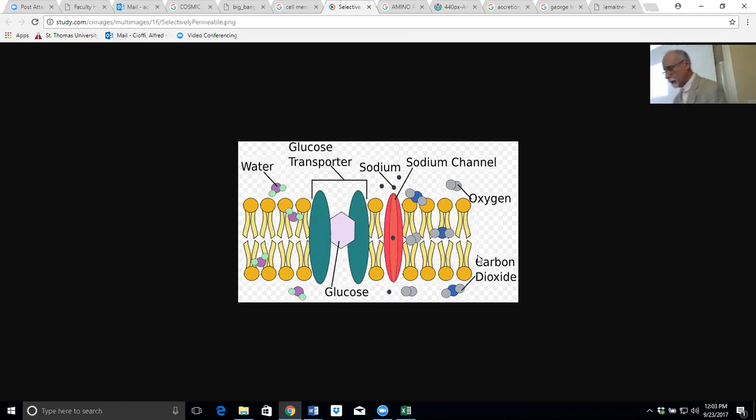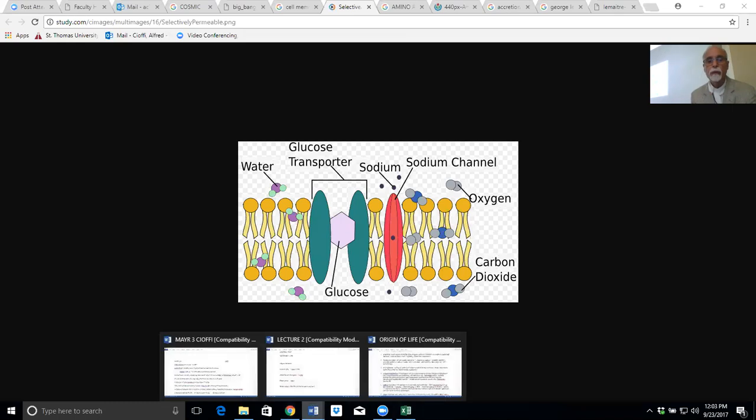Okay, fourth step, because when you start getting these bilayers around, these bilayers in water can form little balls, little spheres that are called protobionts, because they are the precursors.